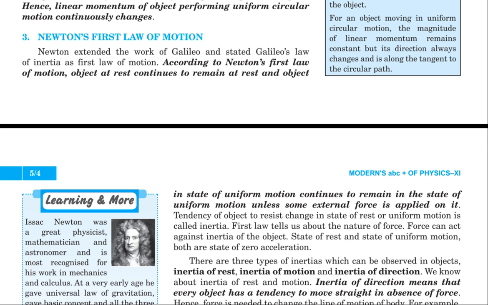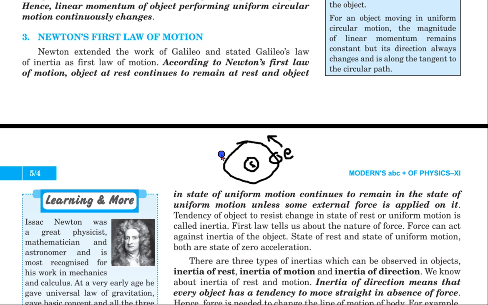The best example is, I have the sun here, and I have the earth. The earth always revolves around the sun and it never stops, as we know, because the earth is always moving and no external force can stop it.